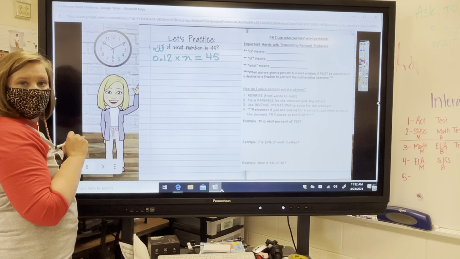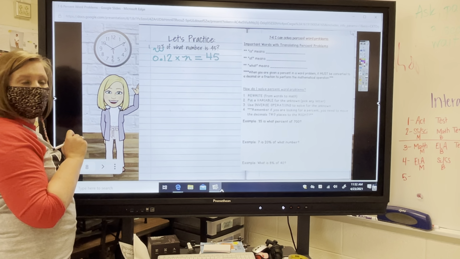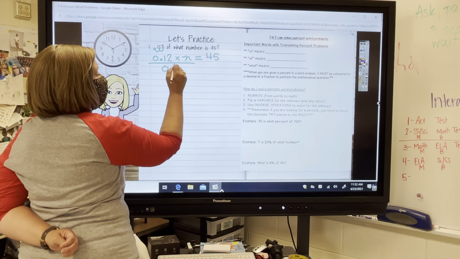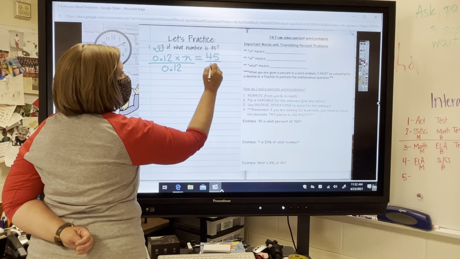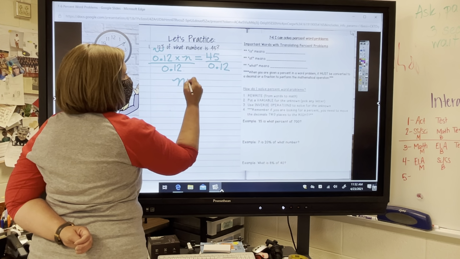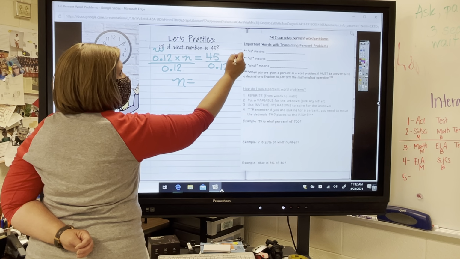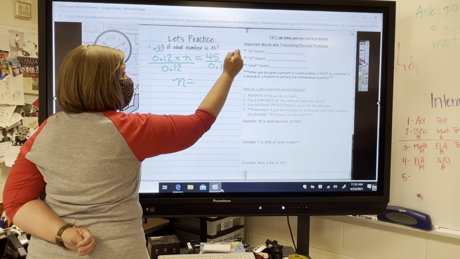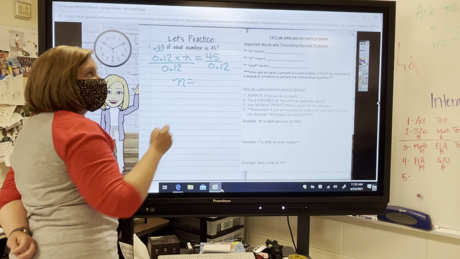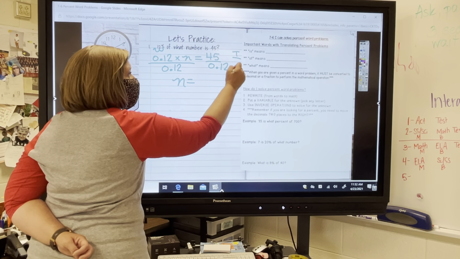So how do I solve this? Division. What am I going to divide both sides by? 12 hundredths. And what do we need to remember when we're dividing?